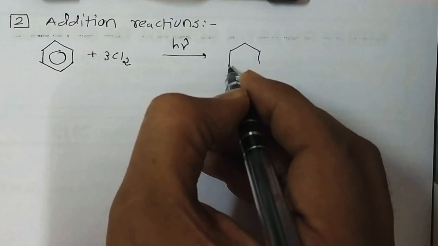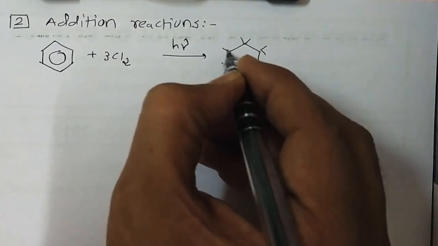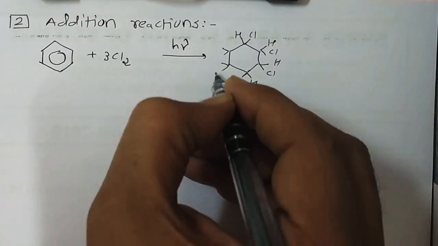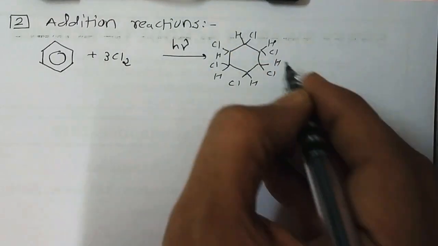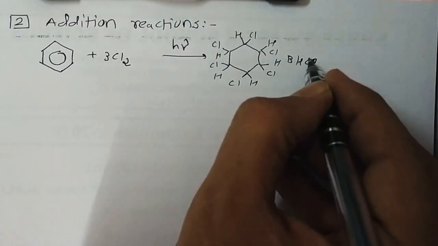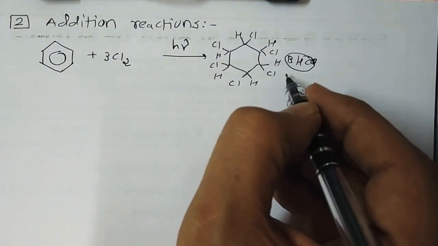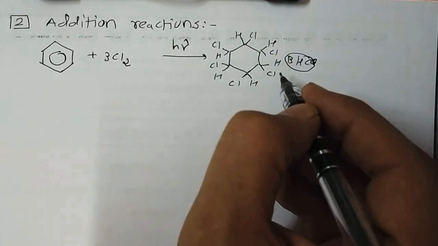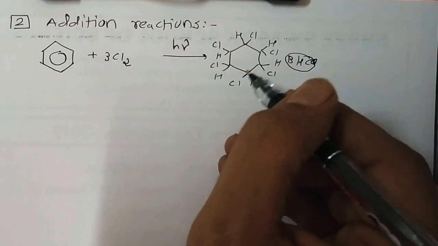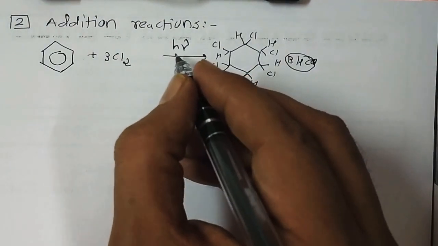When we talk about the structure of benzene, we perform this test. The name of this compound is benzene hexachloride, sometimes called BHC, which is sometimes used as gammexane, a pesticide in industries.